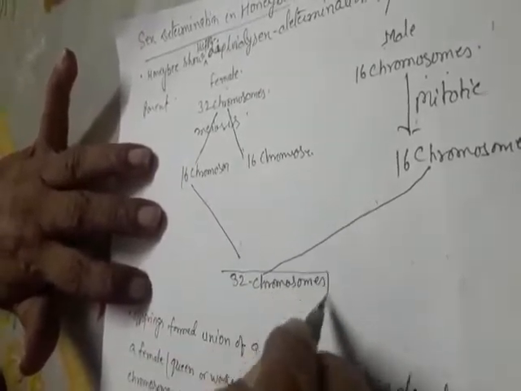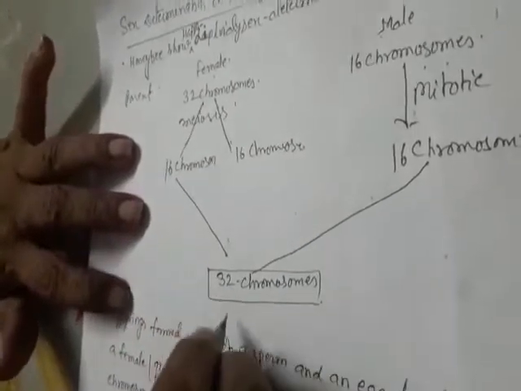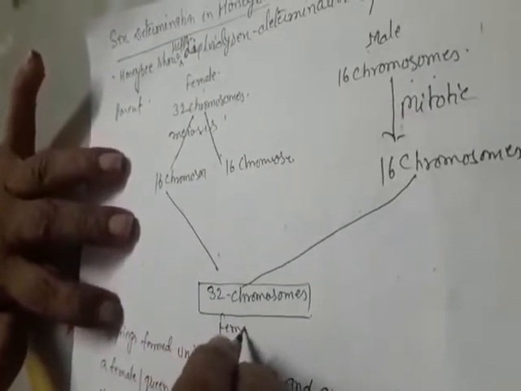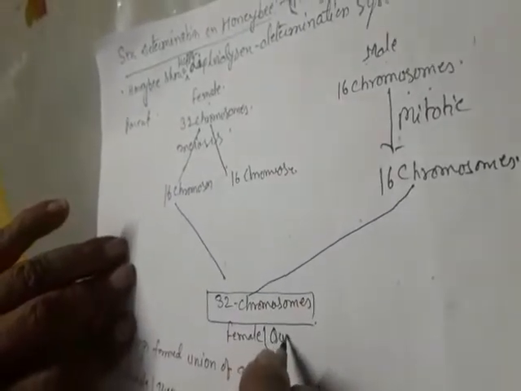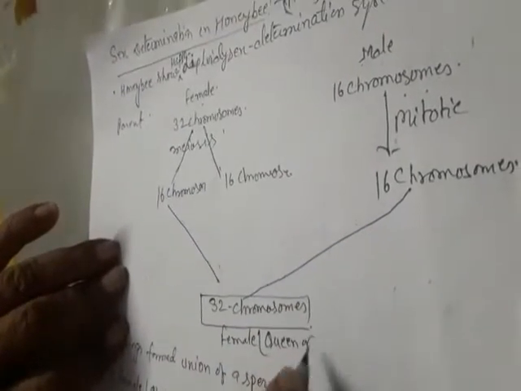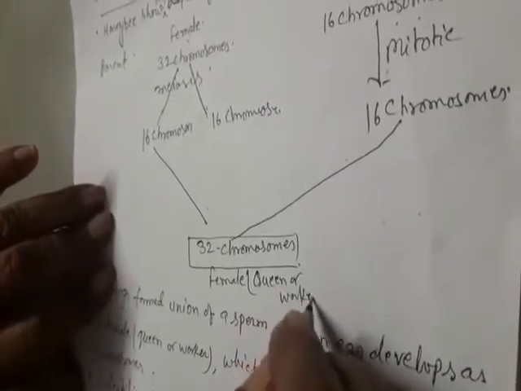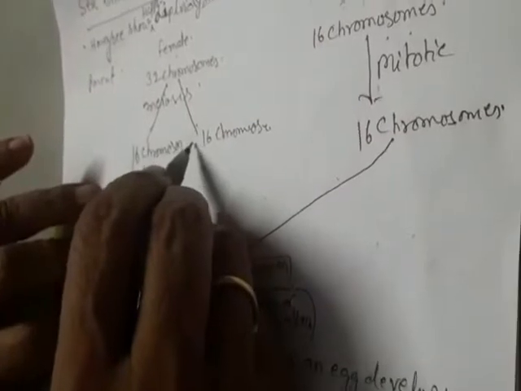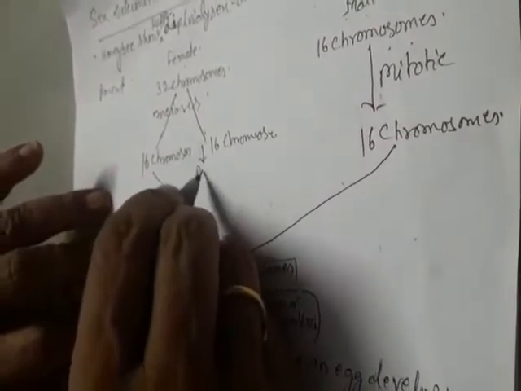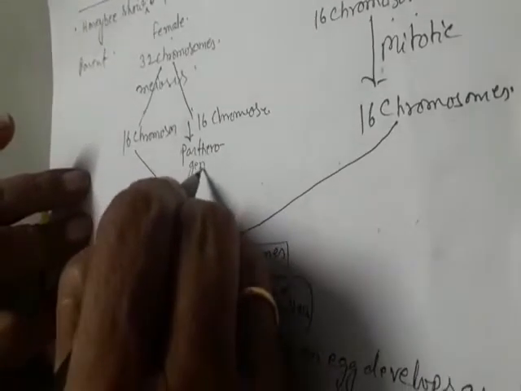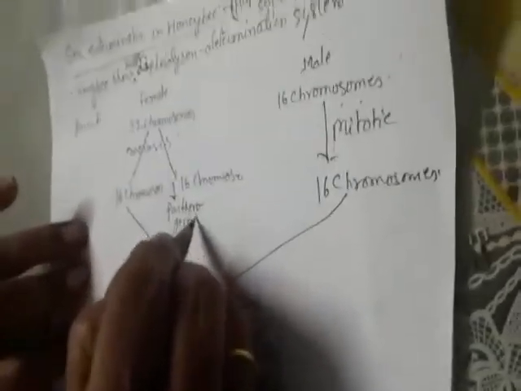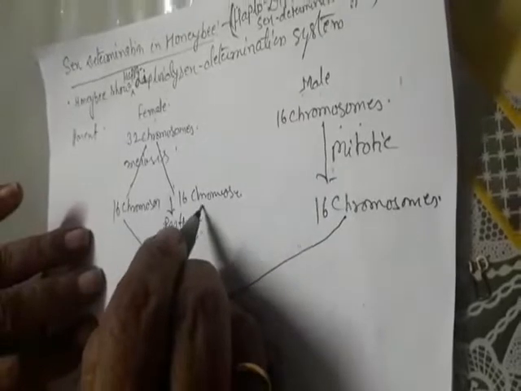This is female one, that is queen or workers. Parthenogenesis. It forms 16 chromosomes.